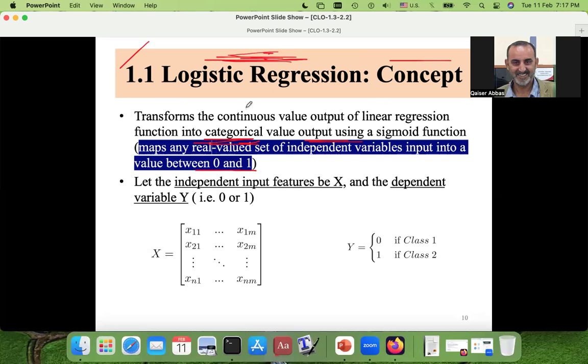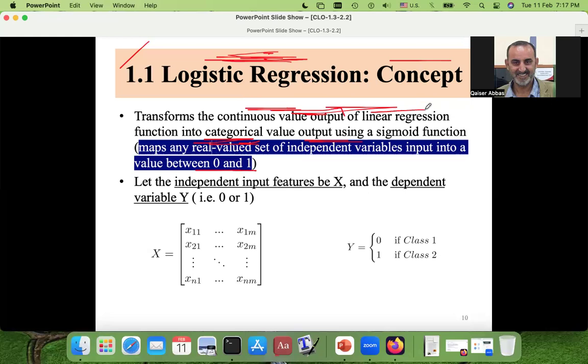Or in easy words, it will transform the continuous value, which means the real value, output of linear regression. Linear regression normally gives us continuous, real values.